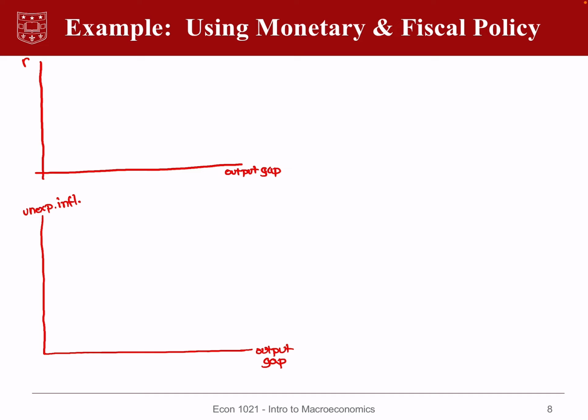And since they didn't give us a value for the real interest rate, I'm just going to make up a number. Let's suppose that the real interest rate that we're starting off with in this story problem is 2%, just to add some numbers to our picture. And let's suppose that a 0 output gap is here.